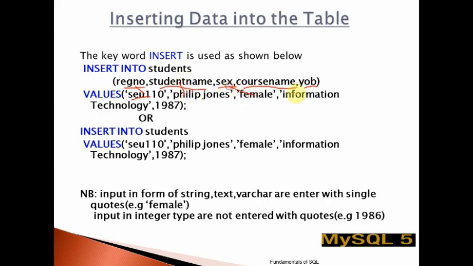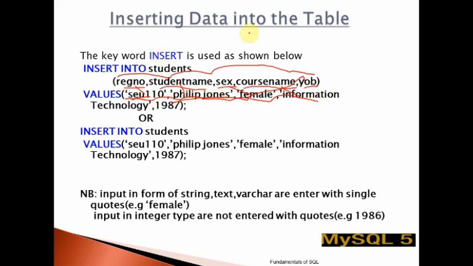This matches that, and then we have that one to that, and then year of birth matching that. So the order of arrangement is very important. As you have arranged the columns that you want to enter data into, so these values that you are selecting here must match that particular order.